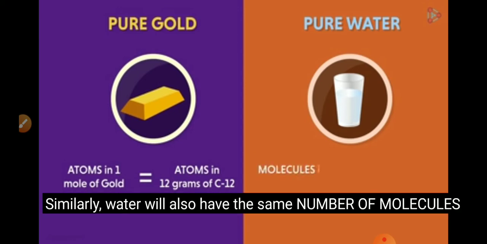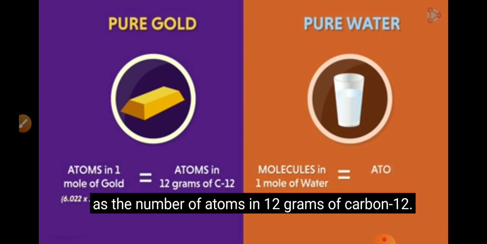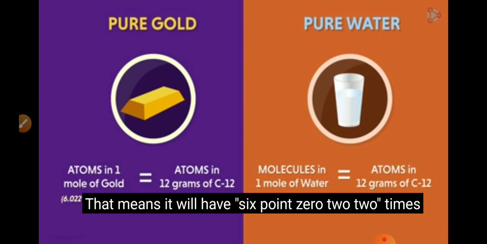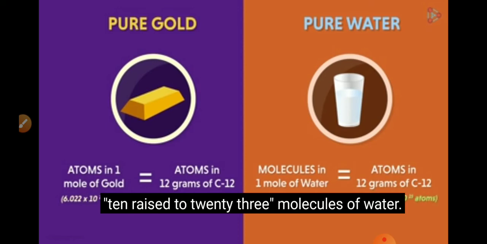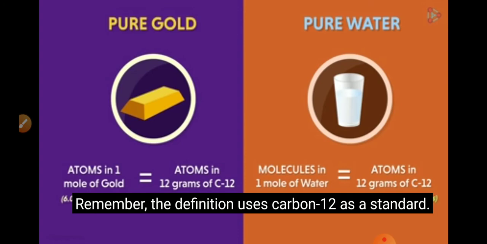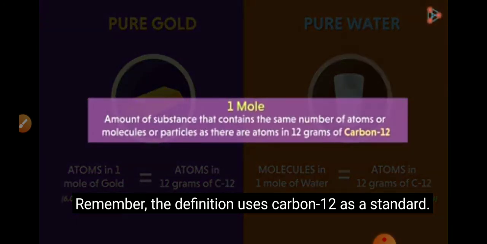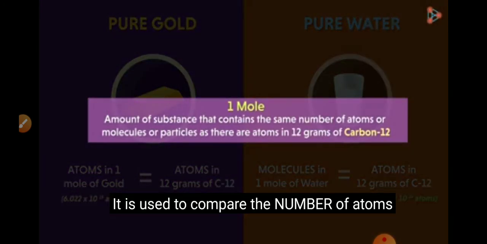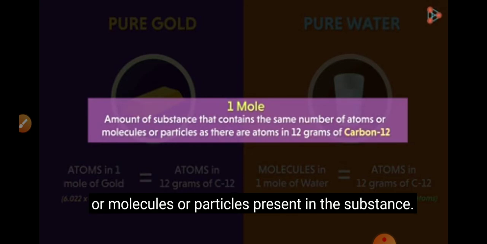Similarly, water will also have the same number of molecules as the number of atoms in 12 grams of carbon 12. That means it will have 6.022 times 10 raised to 23 molecules of water. Remember, the definition uses carbon 12 as a standard. It is used to compare the number of atoms or molecules or particles present in the substance.